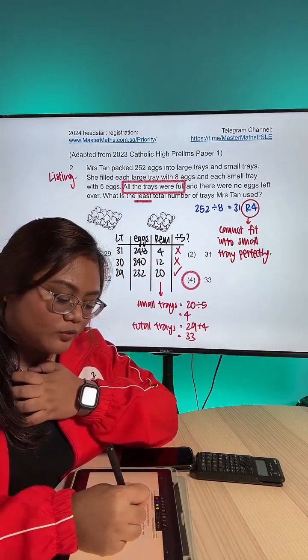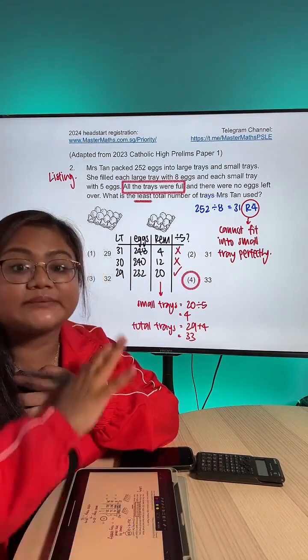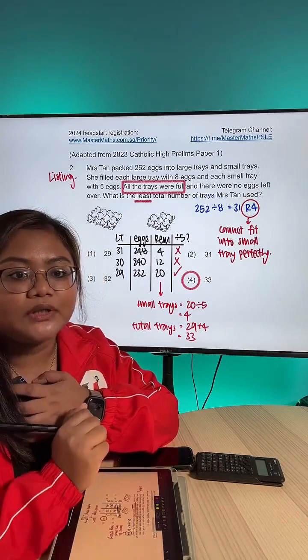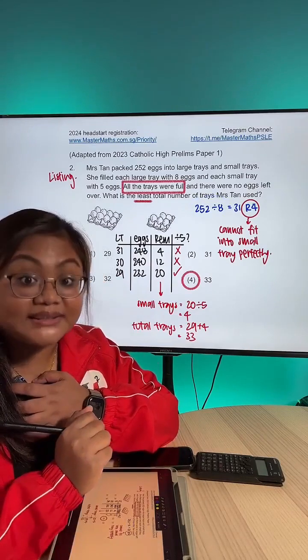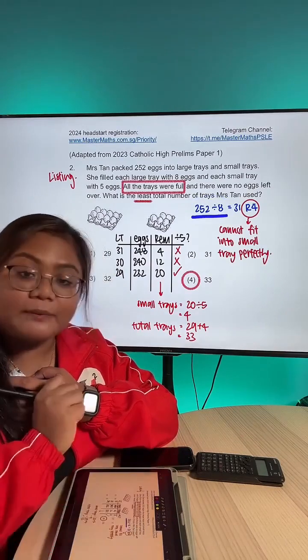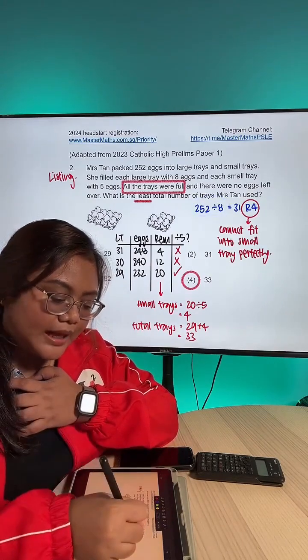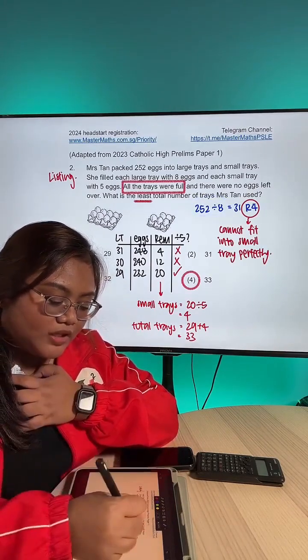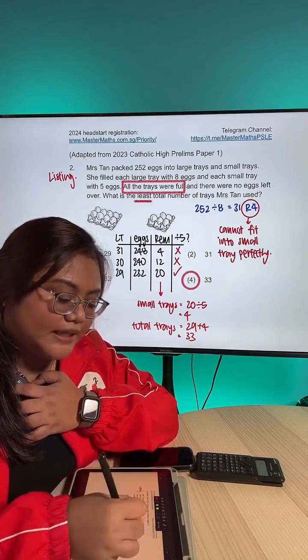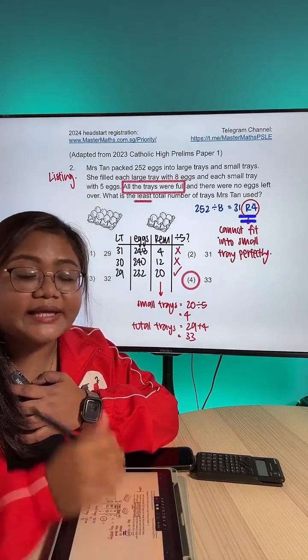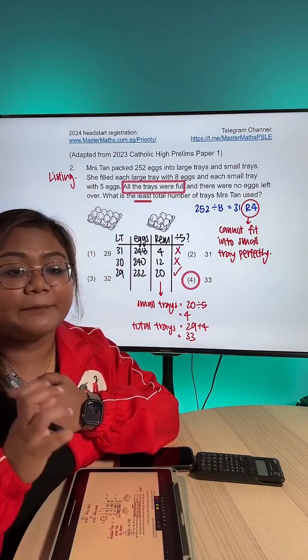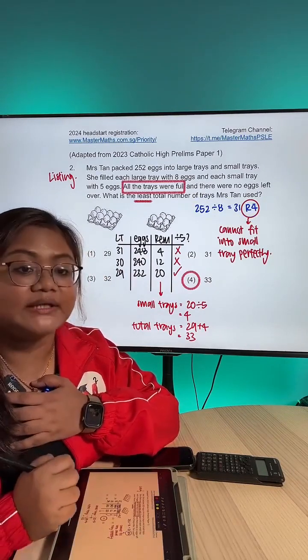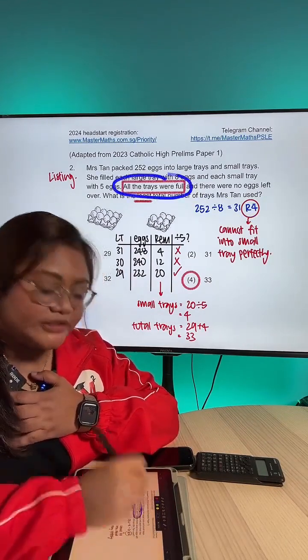So I will take 252 divided by 8, as many big ones as possible. Once I get as many big ones as possible, I need to look for the remainder that can easily be divided by 5 without any remainders. Again, why? Because all my trays must be full.